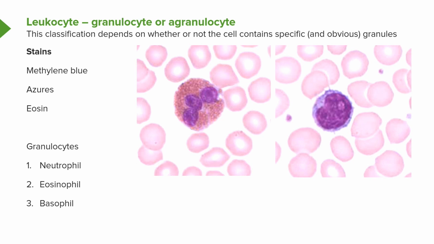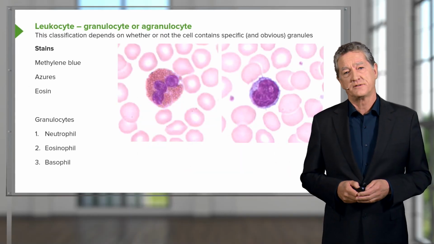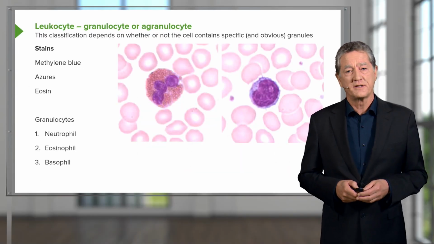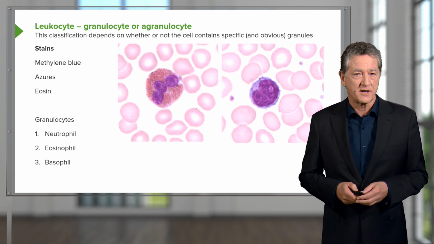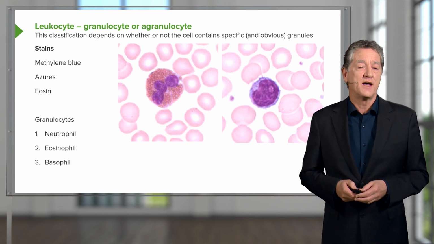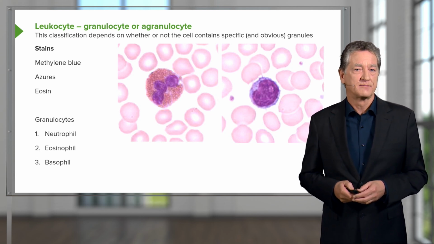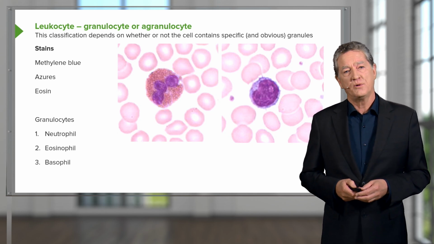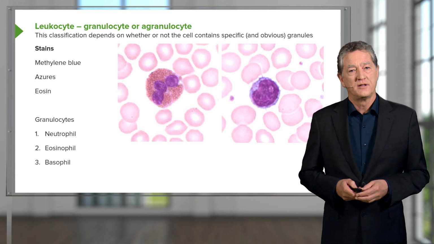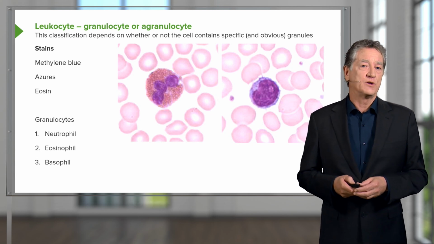Well, let's look at stains. Different stains are used to identify components of the blood cells, particularly the white blood cells, the granulocytes, that I'm going to talk about now in more detail. We use methylene blue or Azure dyes to stain the bluey tinge you see when you look at blood cells.